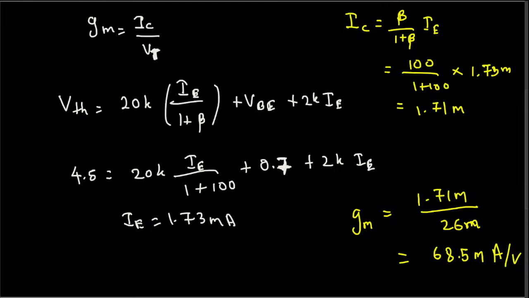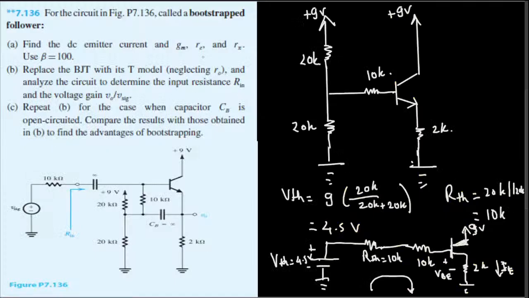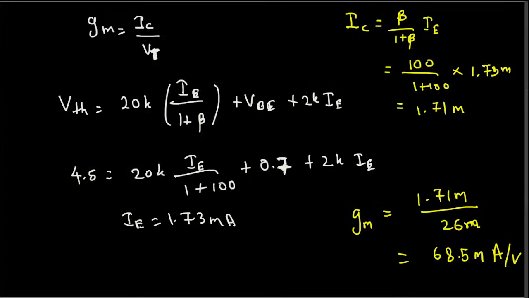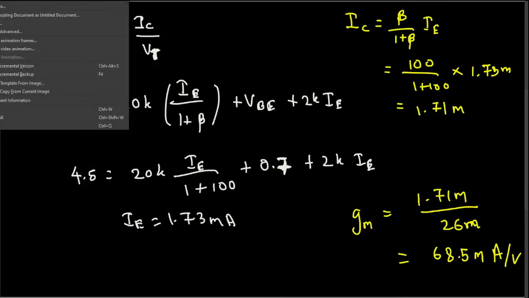Okay, so this is it for this one. Now the next thing, what else do we have to find? We have to find the emitter resistance and also R5. R5 is also equal to RB, you can call it RB as well, but that is the case right here, so we can calculate both of them.